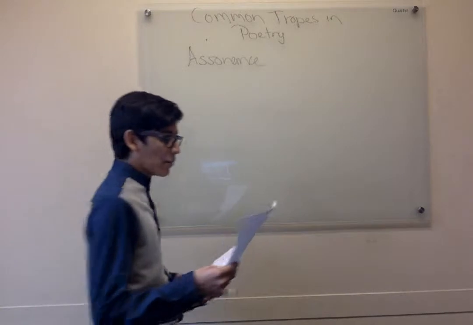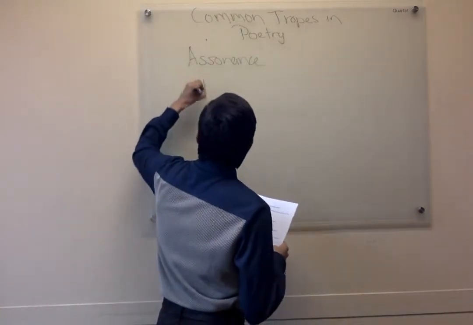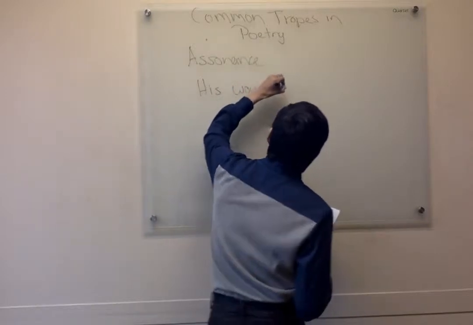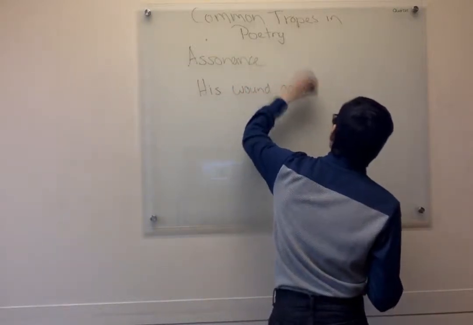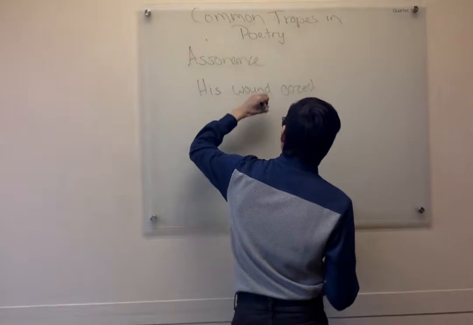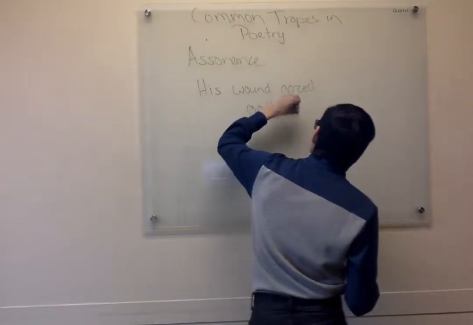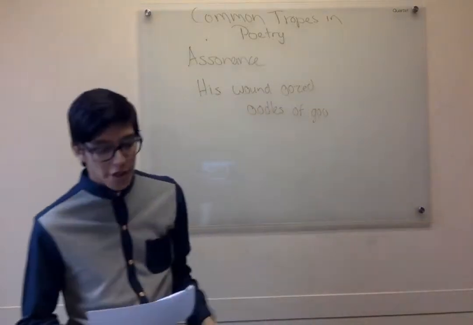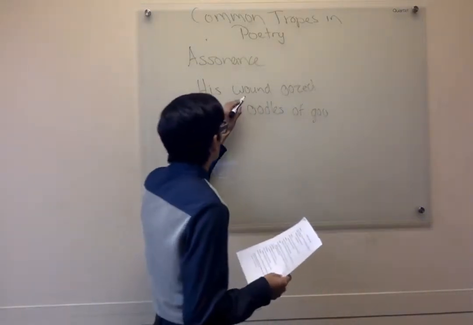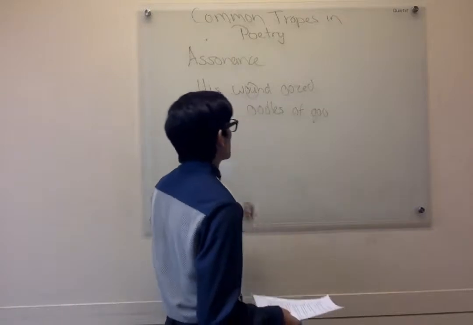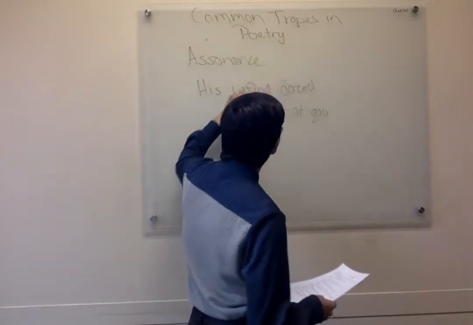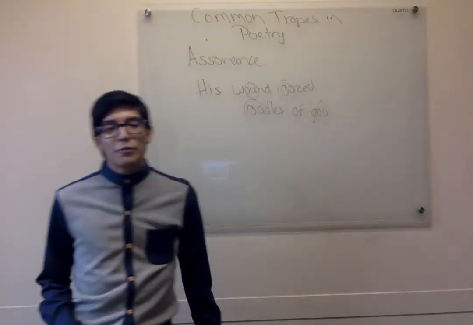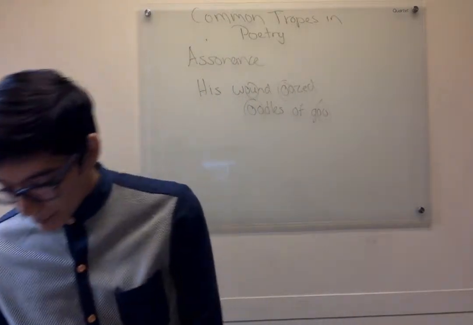So let me give you guys an example. So contrary to alliteration, here the repetition can be found anywhere in the word. Like here it's in the middle, here's at the beginning once again, and here it's at the end of the word. So it's that subtle difference that makes it different from alliteration.